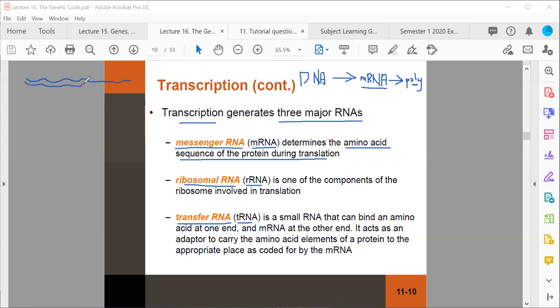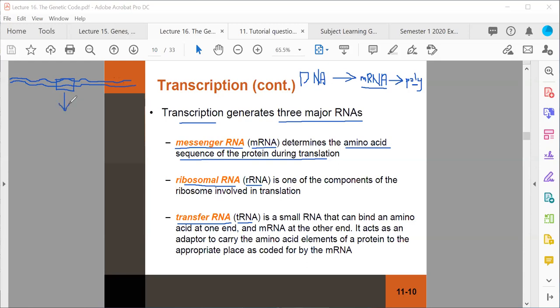All right, some double-stranded DNA. Okay. All right, and here we have a gene. This region here will be a protein coding gene.